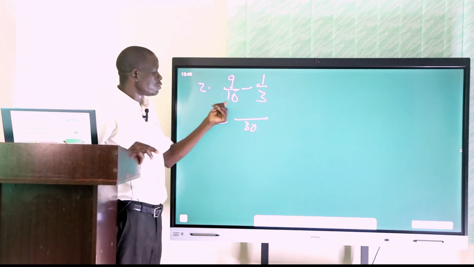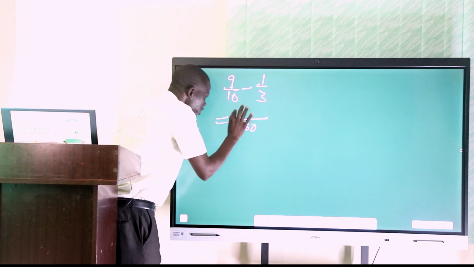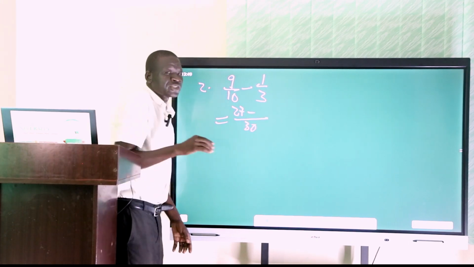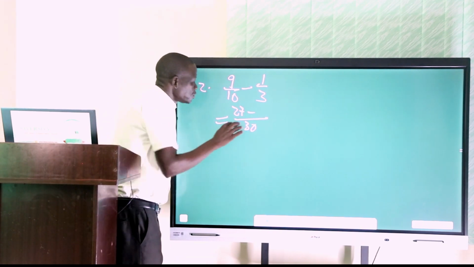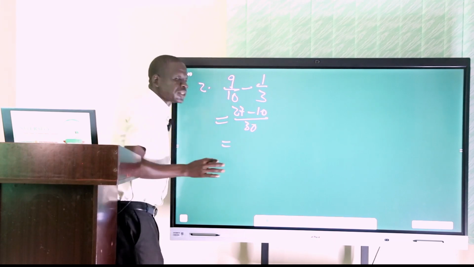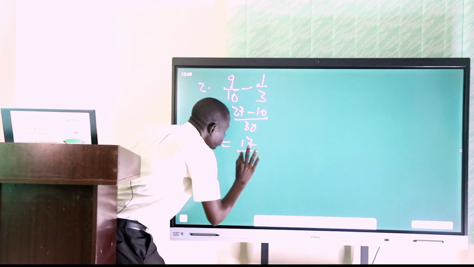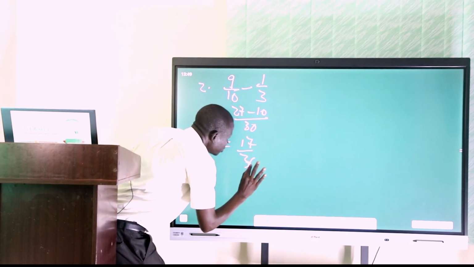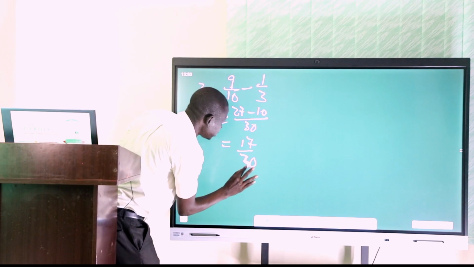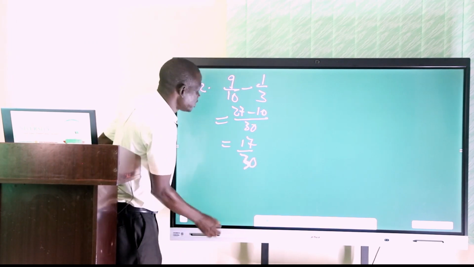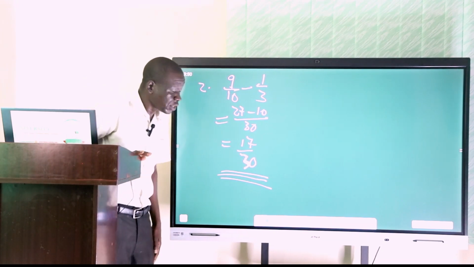So 30 divided by 10 is 3, and 3 times 9 is 27. Minus 30 divided by 3, we get 10, and 10 times 1 is 10. So we get 27 minus 10, which is 17 out of 30. The 17 over 30 has no common factor. So if there is no common factor, we leave it as it is. This becomes a simplified what? Fraction.